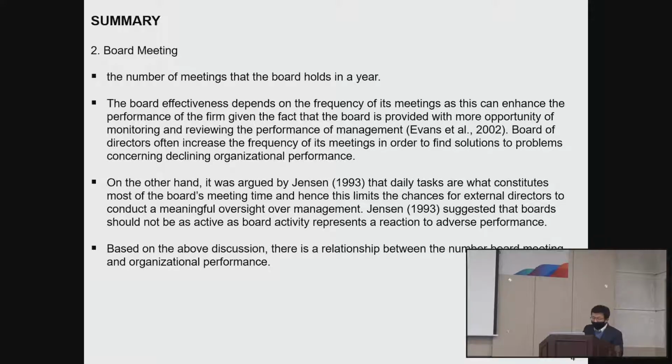Boards of directors often increase the frequency of their meetings in order to find solutions to problems concerning organization performance. Based on this, there is a relationship between the number of meetings and organization performance.